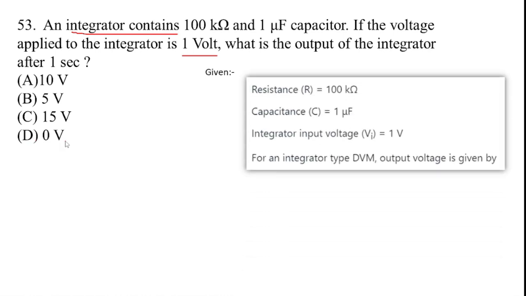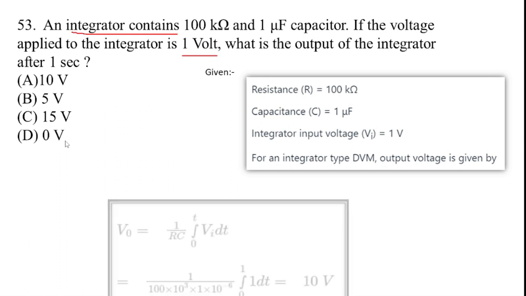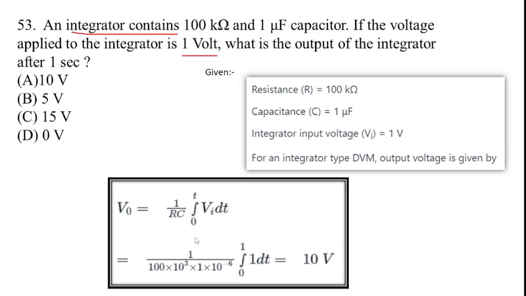The options are A: 10 volt, B: 5 volt, C: 15 volt and D: 0 volt. Given resistance R is equal to 100 kilo ohm, capacitance C is equal to 1 microfarad, and input voltage Vi is equal to 1 volt. For an integrating type digital voltmeter, the output voltage is given by V is equal to 1 upon RC integral from 0 to T of Vi dt.